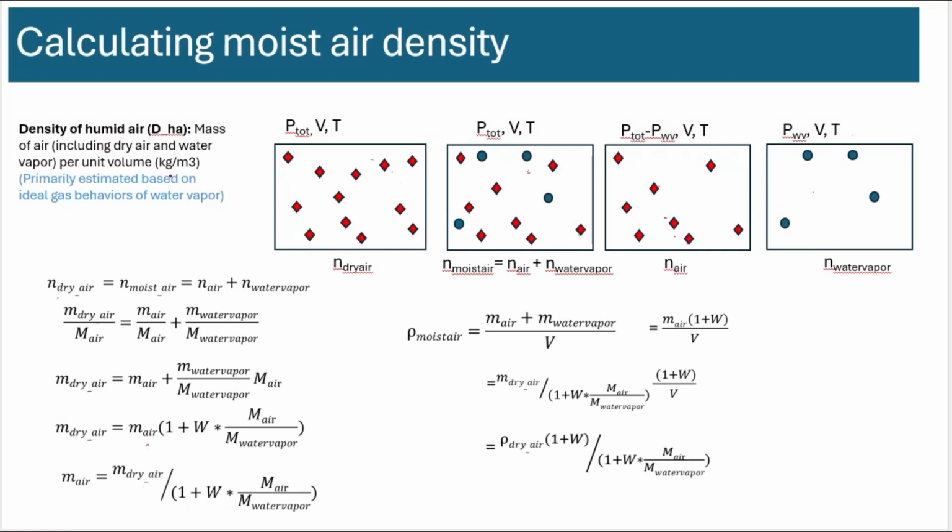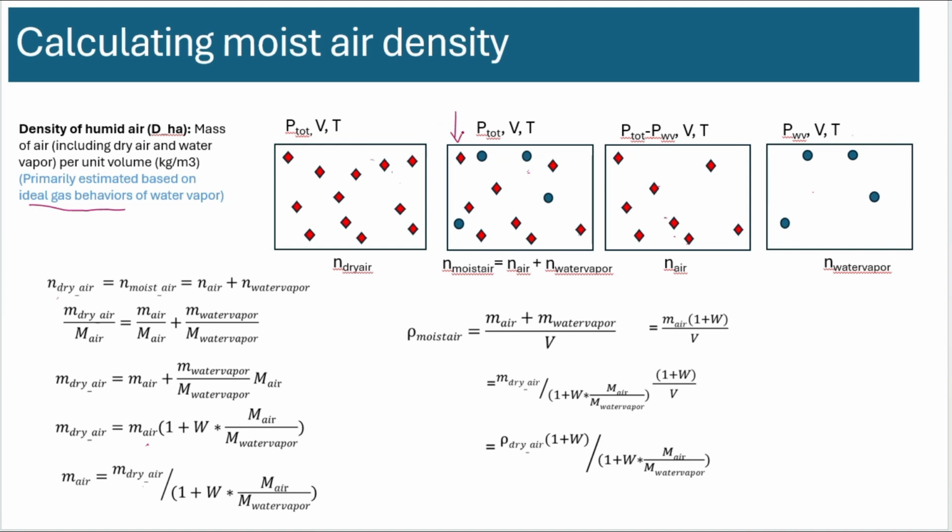All right. So now let's calculate moisture density, which is another humid air property or a psychrometric property. In this case also, the primary estimation method is based on the ideal gas behavior. All right, so before we proceed with the derivation and calculate using the PropsSI and the HAPropsSI, let's consider these two chambers.